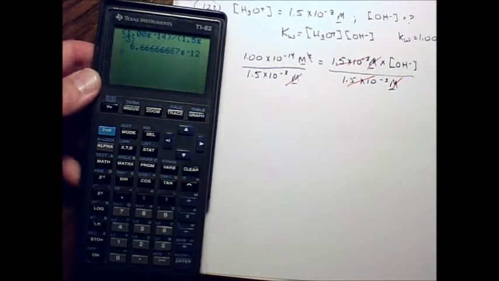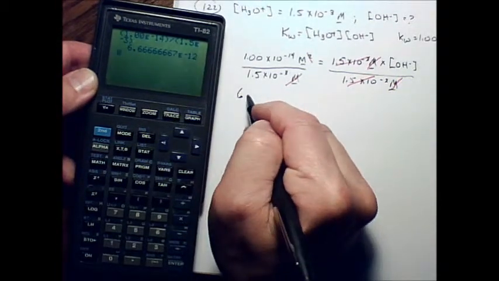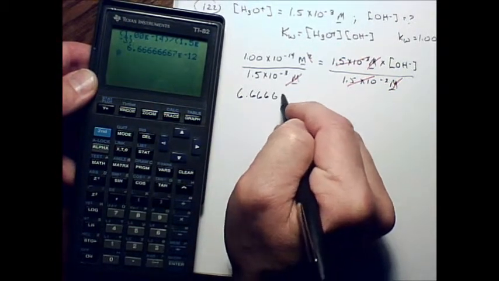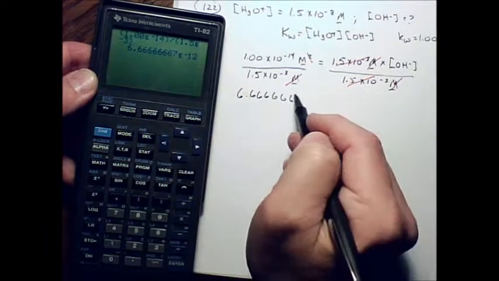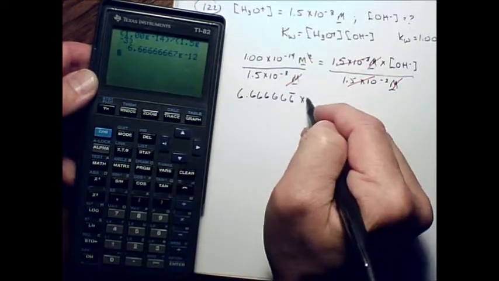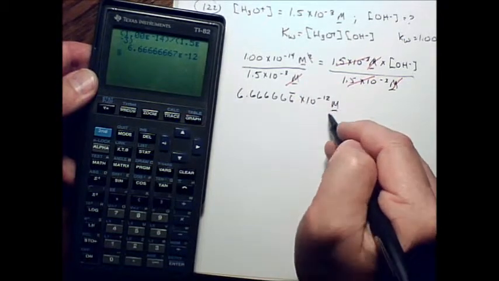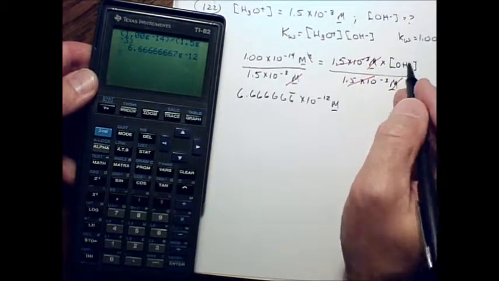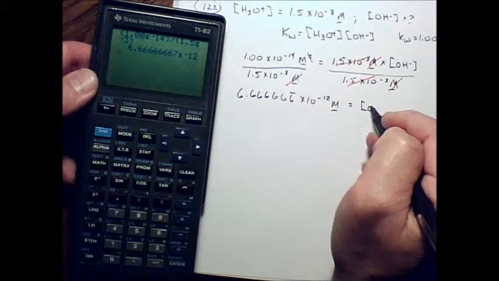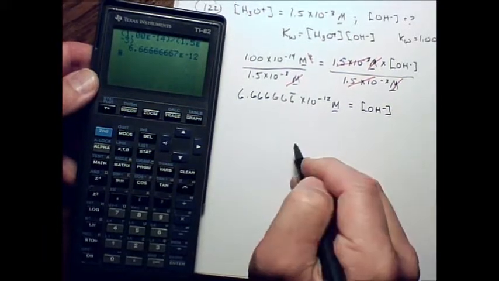And the answer we get is 6.66666, and that's actually a continuous number, times 10 to the negative 12. Units I have left are molar. This symbol on this side I have left is hydroxide ion concentration.